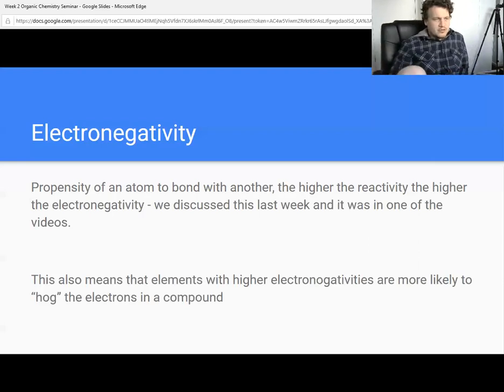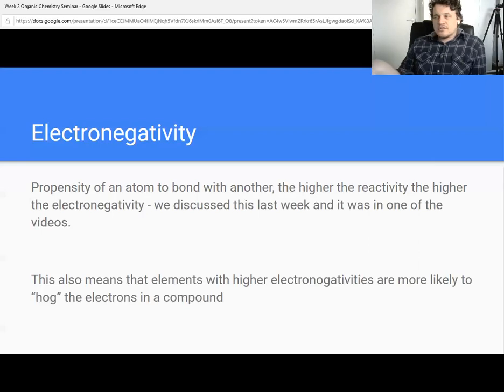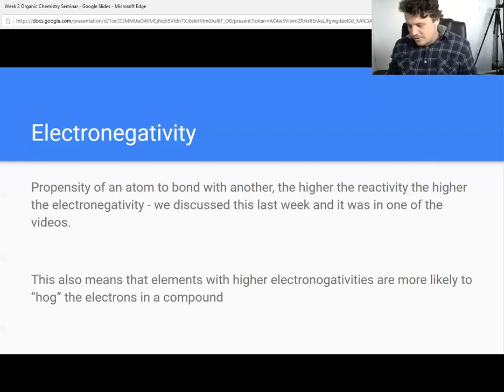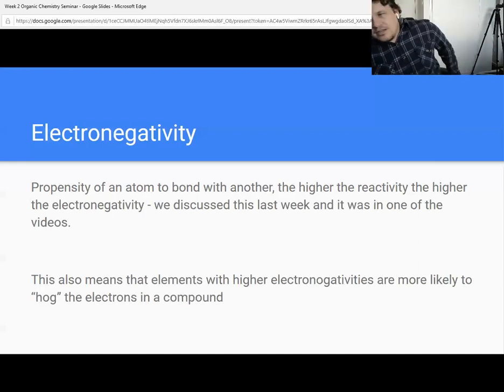So if you have hydrogen and oxygen, oxygen is the most electronegative by what we call a significant amount, so 0.5 or above. The oxygen will hog an extra pair of electrons, creating a polar molecule where the oxygen is negatively charged and the hydrogen is positively charged.